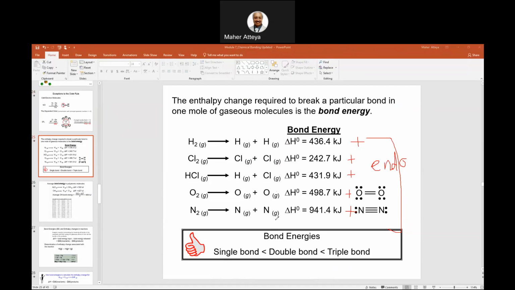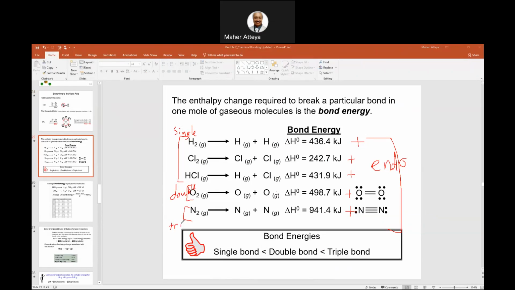As you can see here, those are single, correct? That will bring us to the same old stuff. Single, this is double, correct? And this is triple.